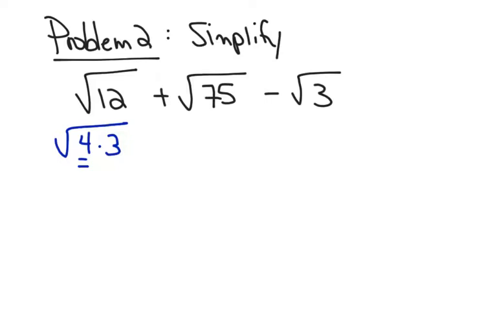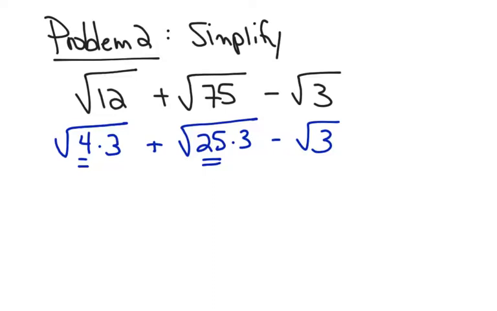So 4 times 3 is 12, where 4 is the perfect square. 75 is 25 times 3. And you can't do anything to the square root of 3 because 3 is a prime number, so it can't be broken down anymore. Then the next thing you do is you take the square root of those numbers that are perfect squares. So I can rewrite this as 2 the square root of 3 because the square root of 4 is 2.